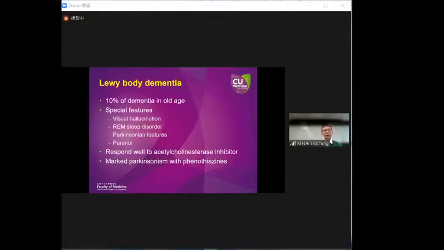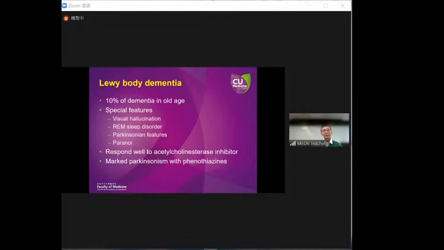Lewy body dementia, just very briefly here, some interesting features are that they have visual hallucinations, and they have REM sleep disorder. Talking in their sleep, falling out of bed because they move with their dreams, and they have paranoia and Parkinsonian features, and they respond well to cholinesterase inhibitors as in people with Alzheimer's disease.